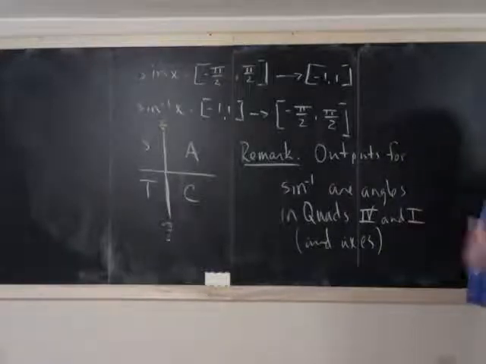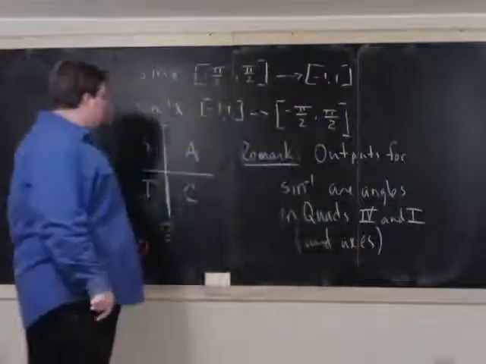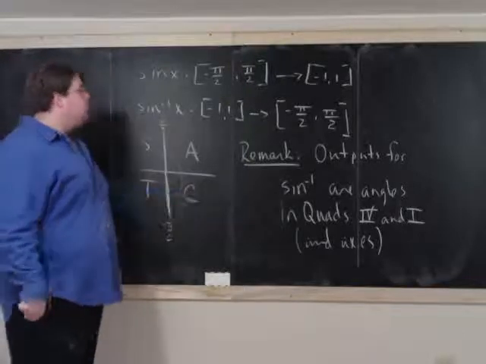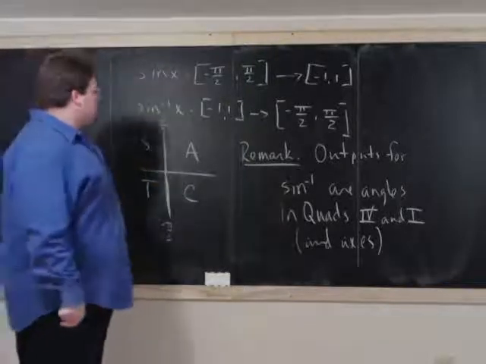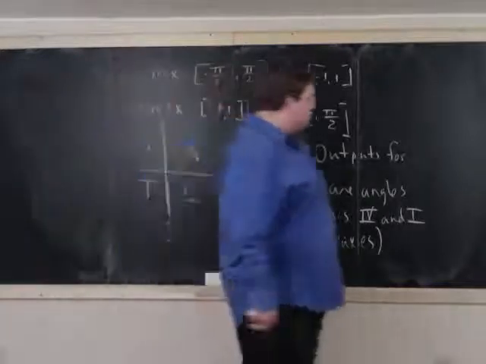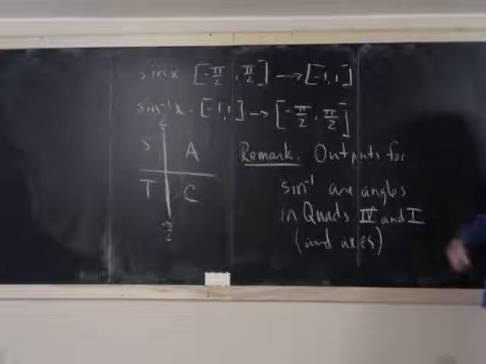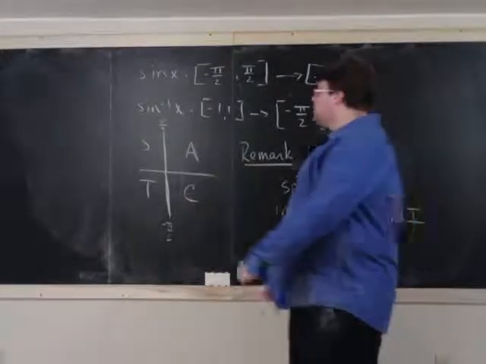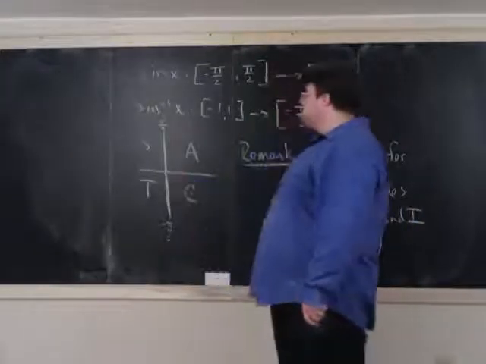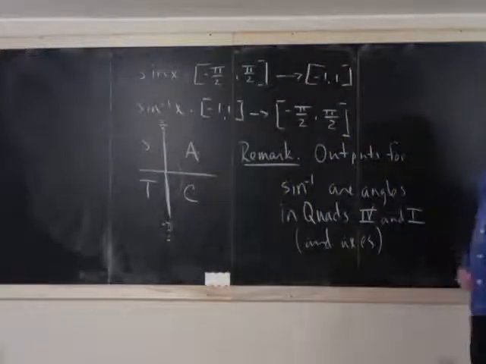And one other observation we'll make is that sine is positive up here. Sine is negative down here. So if we're taking as an input a positive number for inverse sine, the output will be in quadrant 1. If we're taking in a negative number for inverse sine, the output will be in quadrant 4.